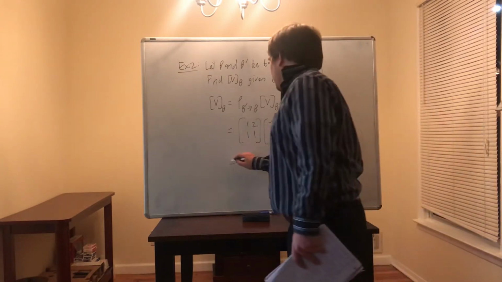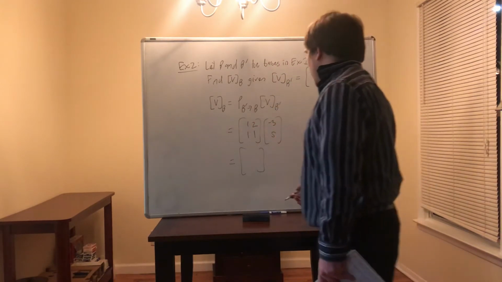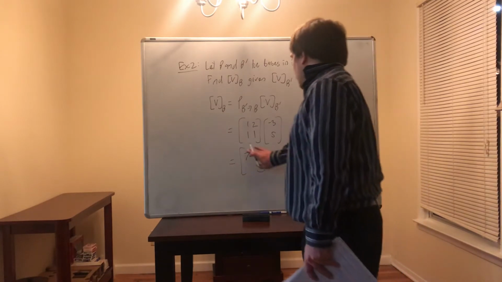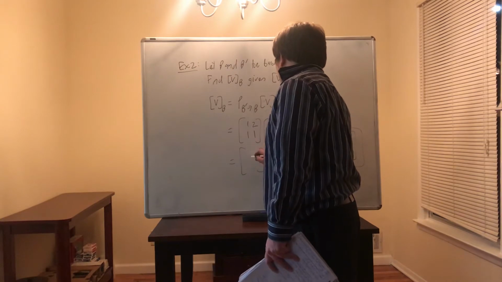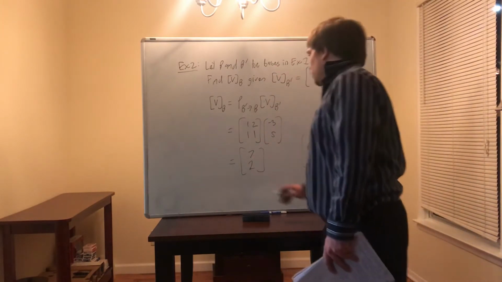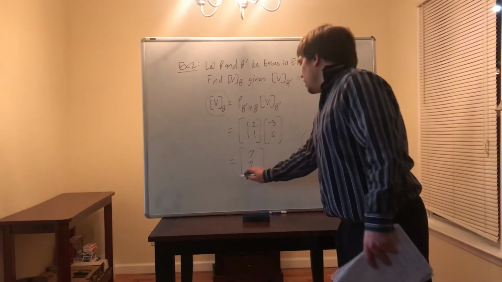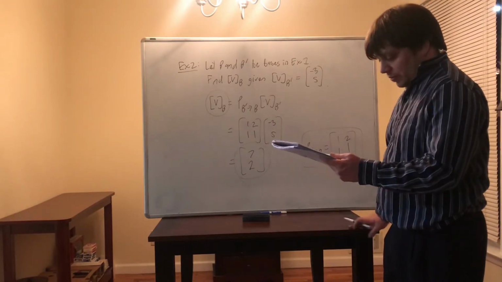And you do the matrix multiplication, and you get -3 plus 10 is 7. And so this is a 2 by 1 matrix. So this is 7 here, and you get 2 there. So the coordinates of V relative to B is (7, 2) as a column vector.